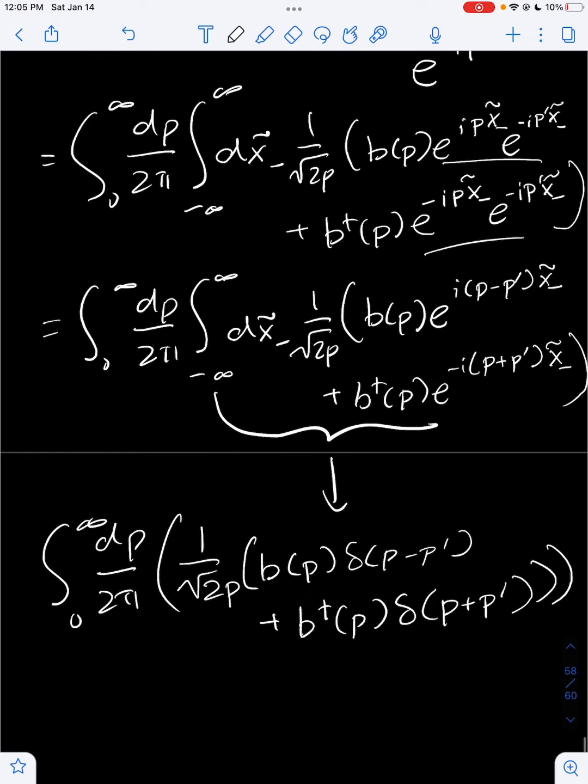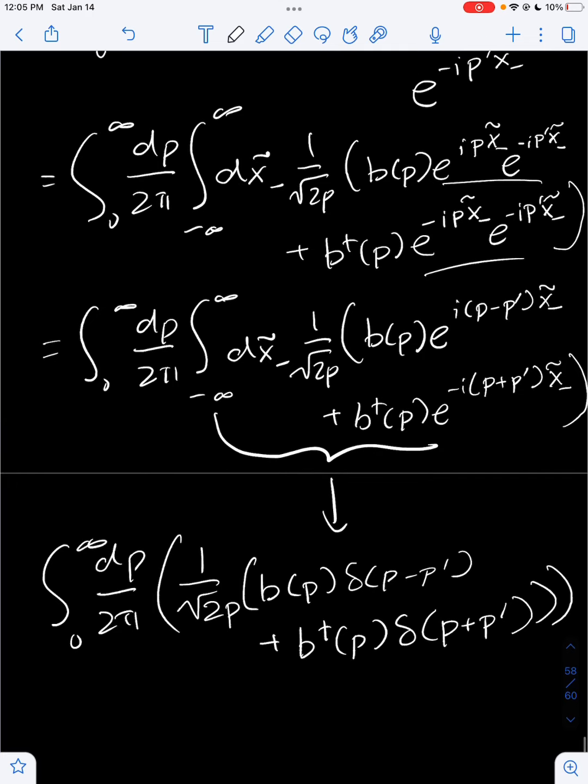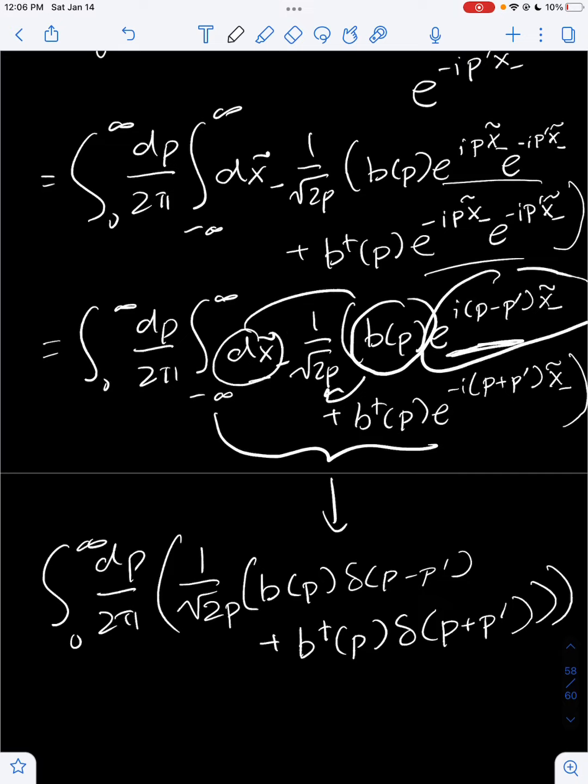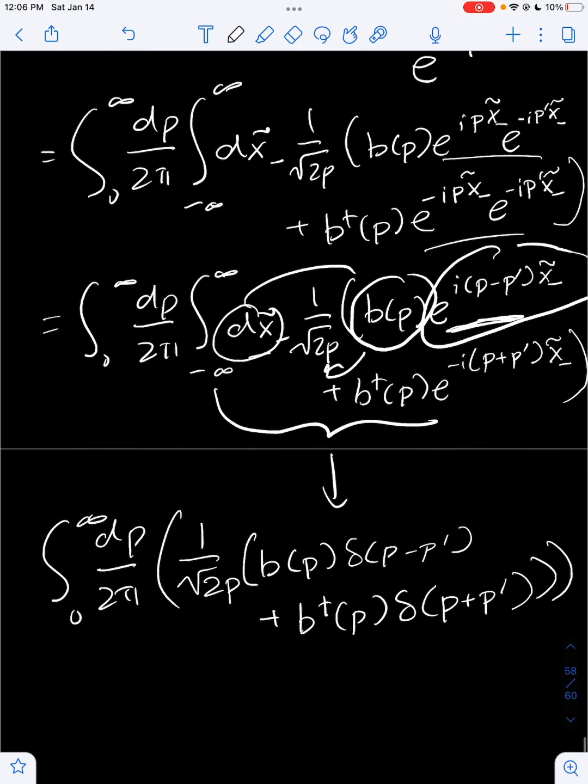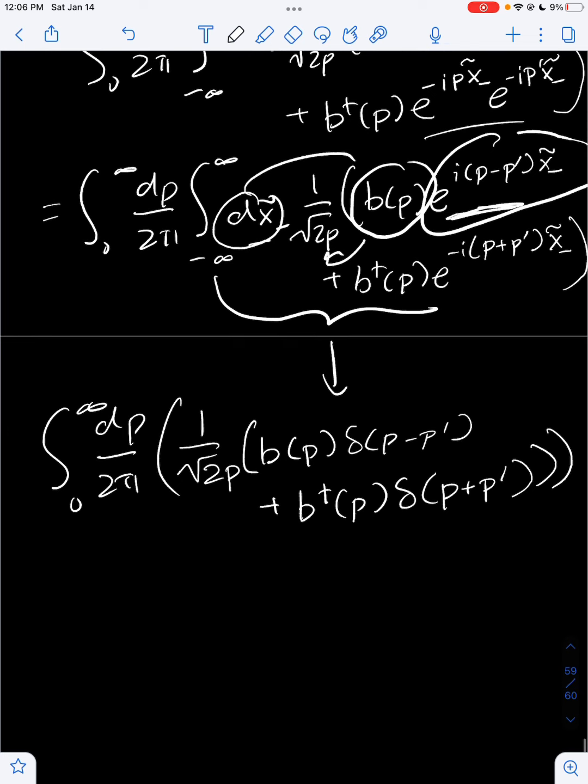Okay, so how do we get this? Well, think about it this way: this term does not depend on x tilde, so we can just move that to the front. Or really we'd have to just show this inside. The terms that don't depend on x tilde, we don't have to explicitly integrate those terms. And the integral of this with respect to x tilde is going to be delta of p minus p prime, because of how the delta function works. So that's how we get this over here.